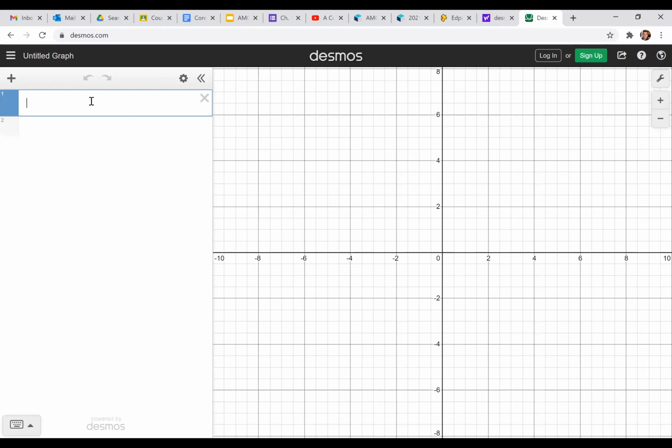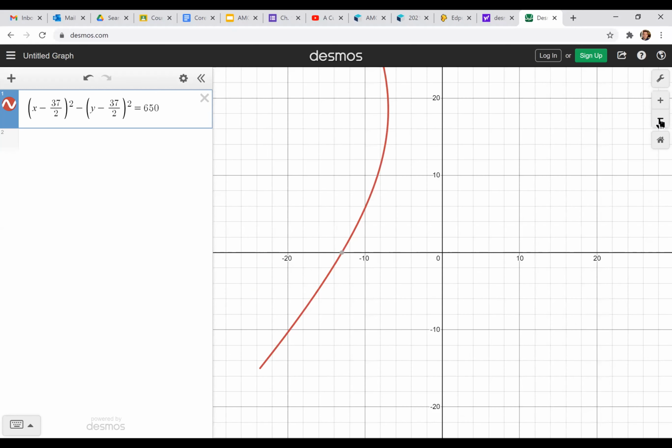Okay, so here, what I did was X minus 37 over 2 squared minus Y minus 37 over 2 squared equals 650, right? And then I had to zoom out quite a bit to be able to see it.